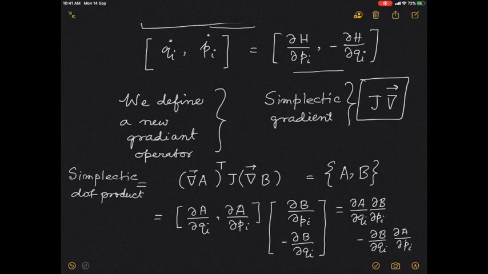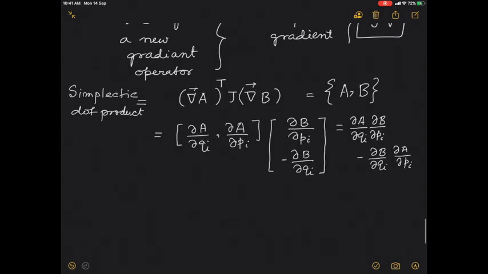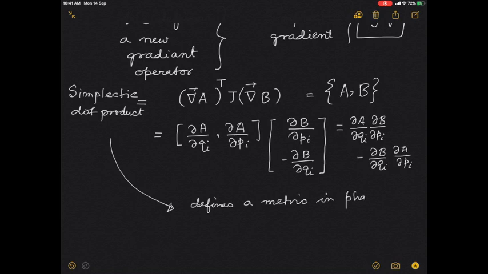So the Poisson bracket is nothing but a symplectic dot product, and as you may think, that gives you a metric in the phase space. So this defines a metric in the phase space, which gives rise to a special type of geometry called symplectic geometry.